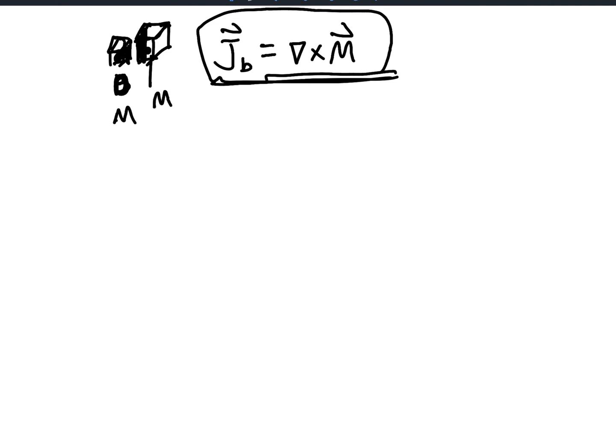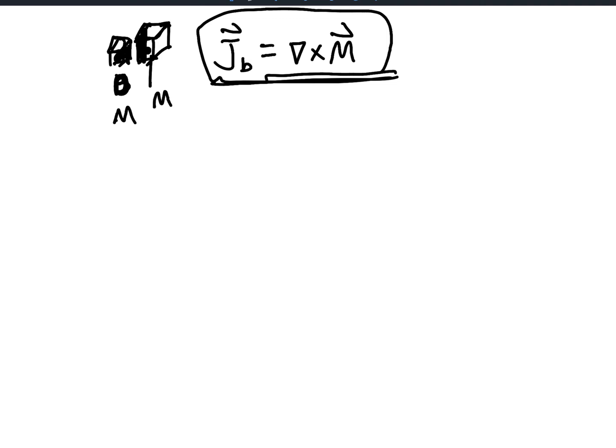Now once we have this, you see that if we have an object there and we apply the magnetic field, the object becomes magnetized. So you will have contributions from this bound volume current and also from this bound surface current, and of course they will change the magnetic field.